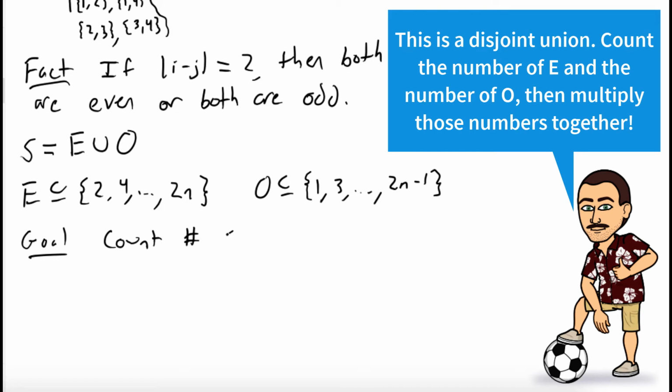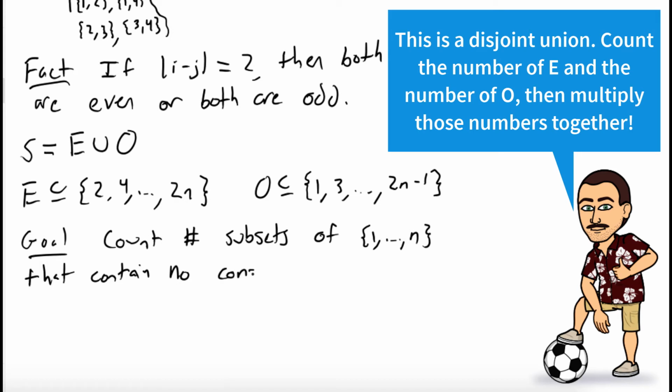And this is equivalent, if we fix it to, let's say, even, to counting the number of subsets of the numbers 1 through n that avoid consecutive numbers being in the subset. So we want to count the number of subsets of 1 through n that contain no consecutive numbers. Right?